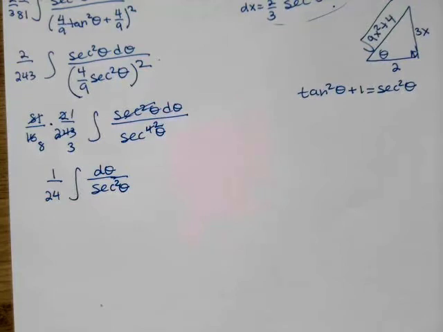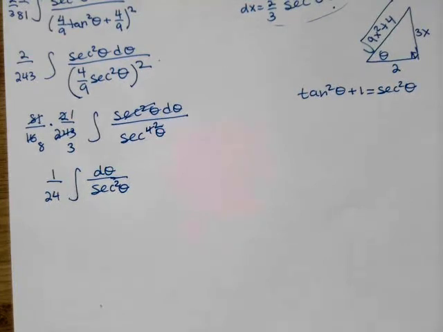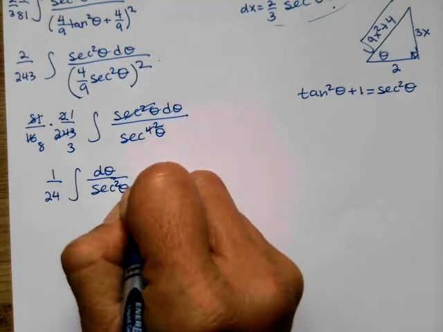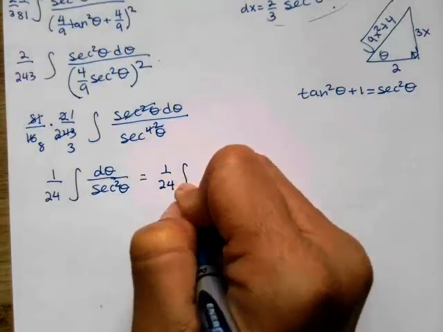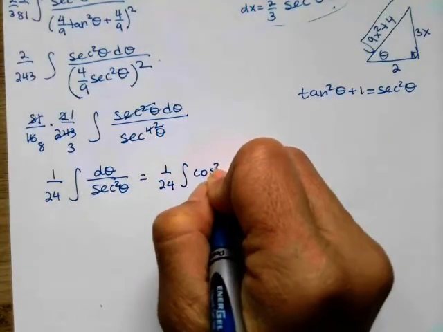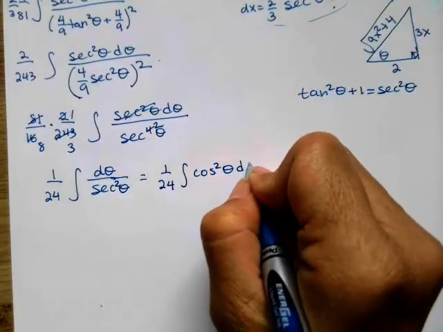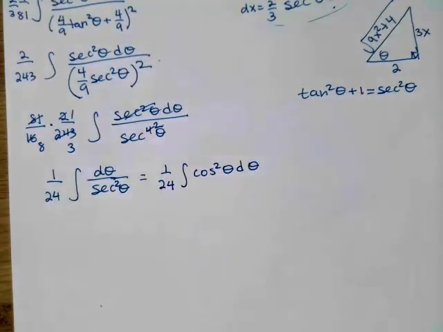Maybe your brain's running to, oh my gosh, isn't that just tangent? Yes, but only if the secant squared is in the numerator. It's in the denominator, so that means that's not available to us. So you're running through your strategies, and you should get to a place where it's like, oh yeah, that's right. Secant is 1 over cosine. So this is cosine squared theta d theta.